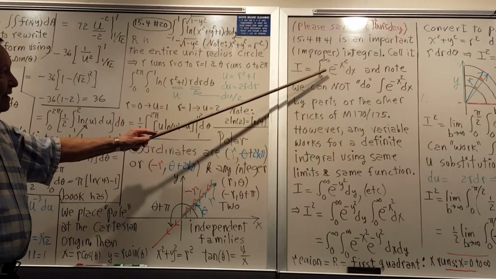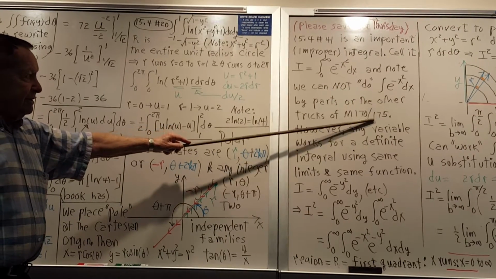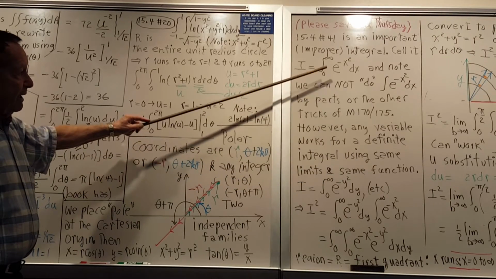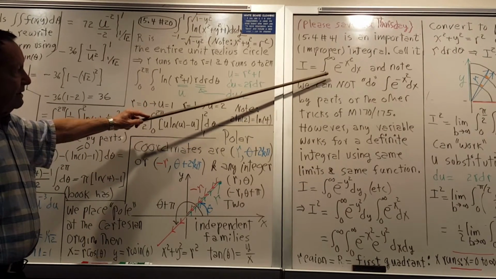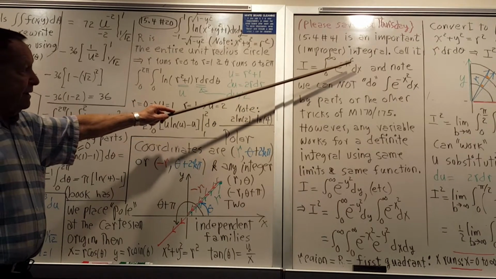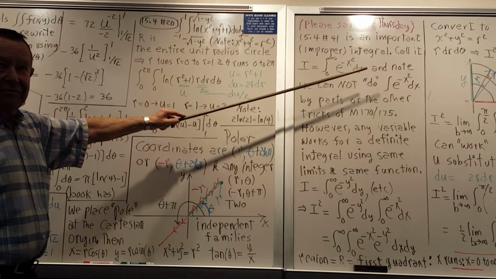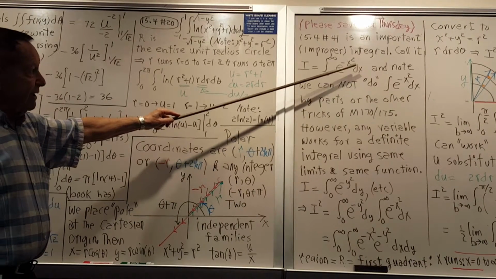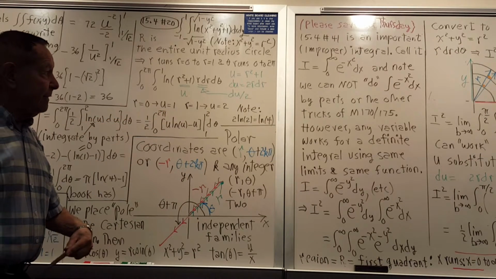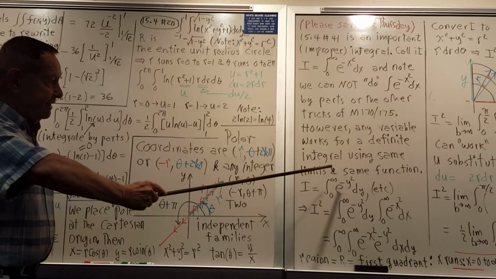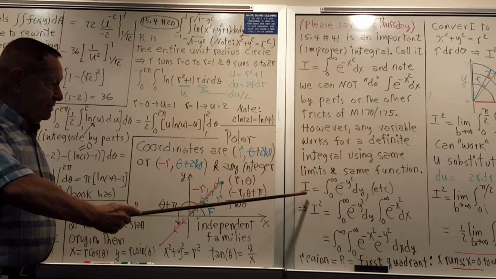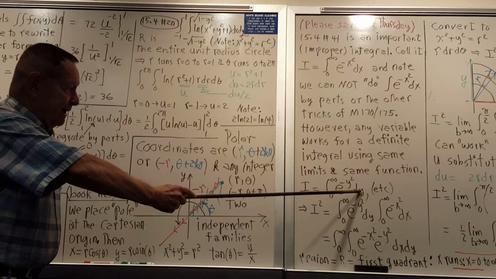So it's something we cannot do in the sense of Math 170, 175. But notice that it is a definite integral, even though it's improper, and therefore it's the same value, if there is one, whether this letter is x or y or z or t or what. So that lets us be tricky. It's the same value if I wrote it with y.